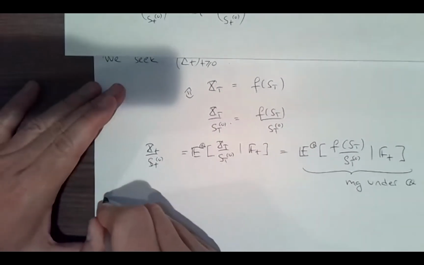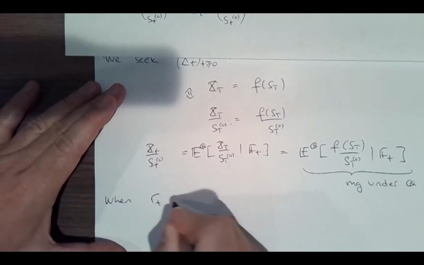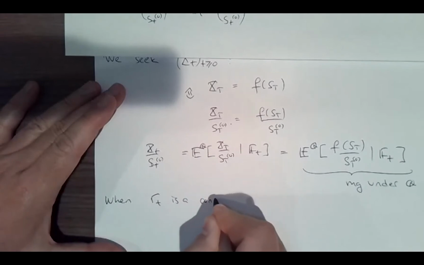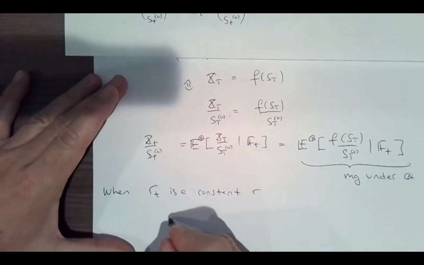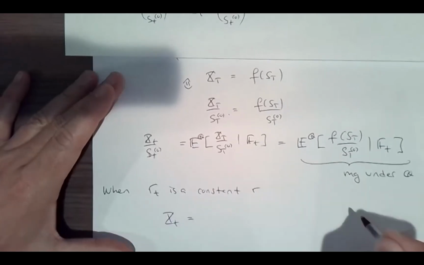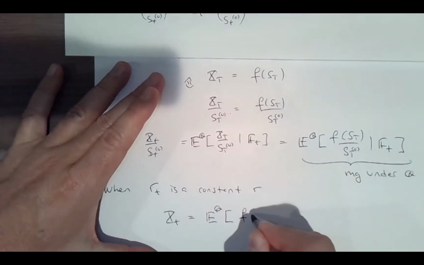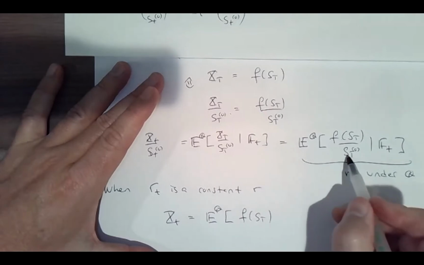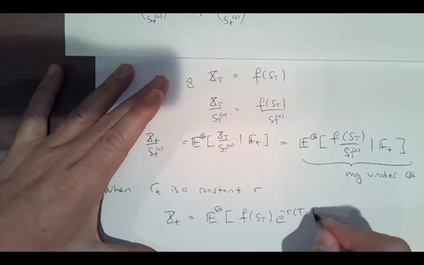So for example, when RT is a constant, what we'll get here is that xt, the wealth, is going to be given by an expectation under Q, and then you would have f of st times e to the minus r(T minus t).